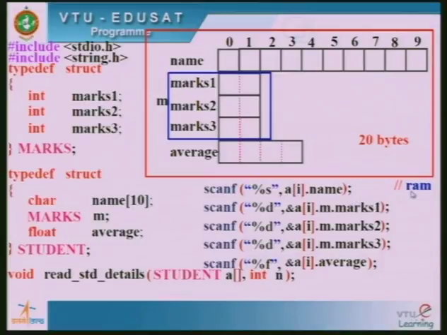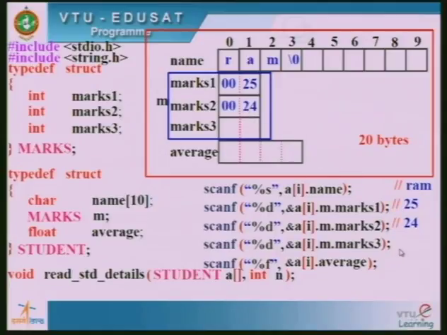Now look here. If I enter RAM from the keyboard, RAM should be copied into this memory location, and it should end with what? Null character. If I execute this statement and enter 25 from the keyboard, the 25 should be copied into this memory location. Similarly, if I enter 24 when I execute this statement, 24 should be copied into this memory location.